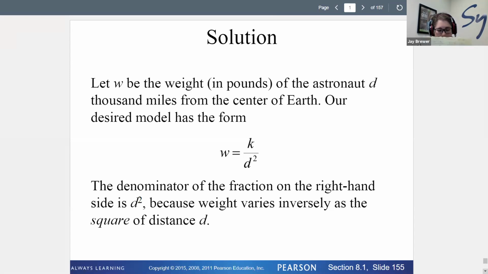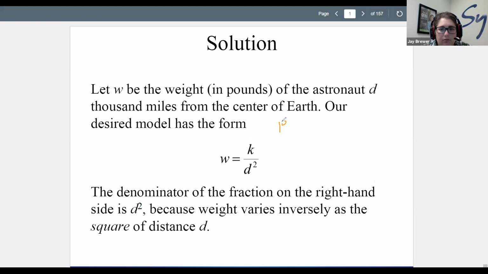What they had given us was that the astronaut weighed 180 pounds when he was at sea level. Sea level is equal to 4,000 miles away from the center of the Earth.